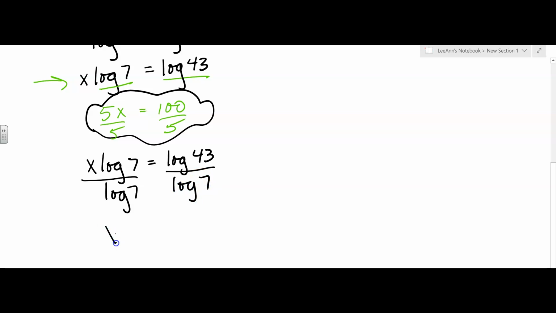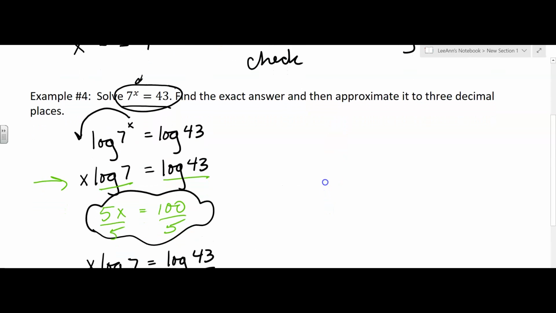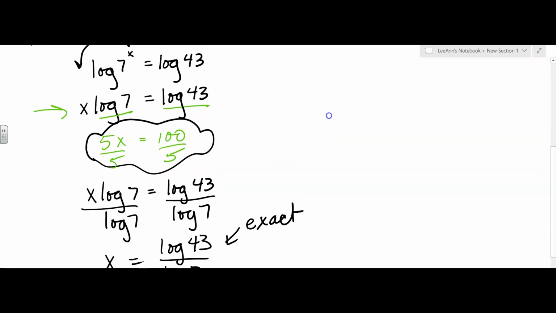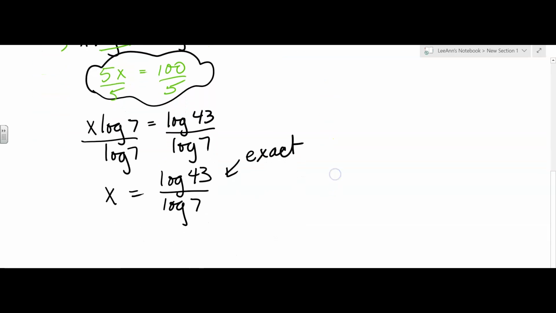Okay, so x is going to equal log 43 divided by log 7. This is an exact answer. So if they want the exact answer, that's it. But I think they want a decimal approximation. Oh, find the exact answer and then approximate it to 3 decimal places. Okay, so they want this one. That's the exact answer. And now we're going to get a decimal approximation.